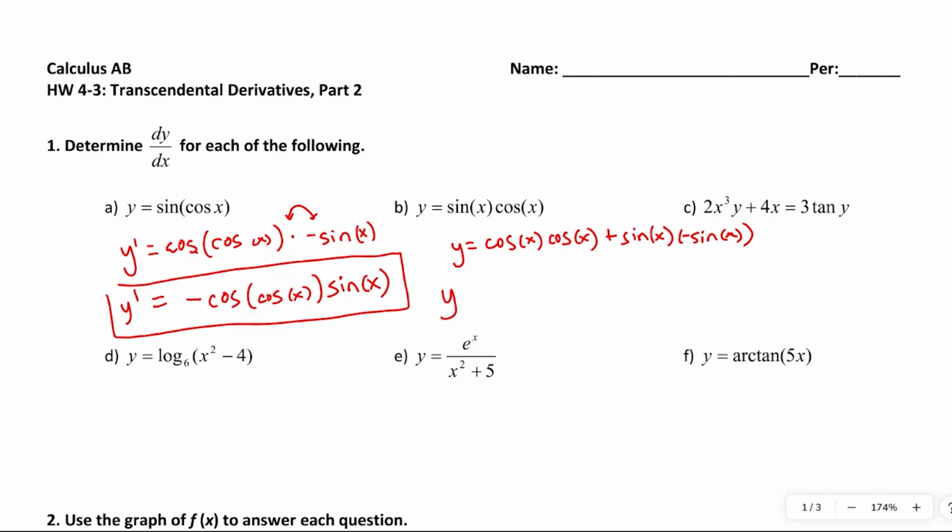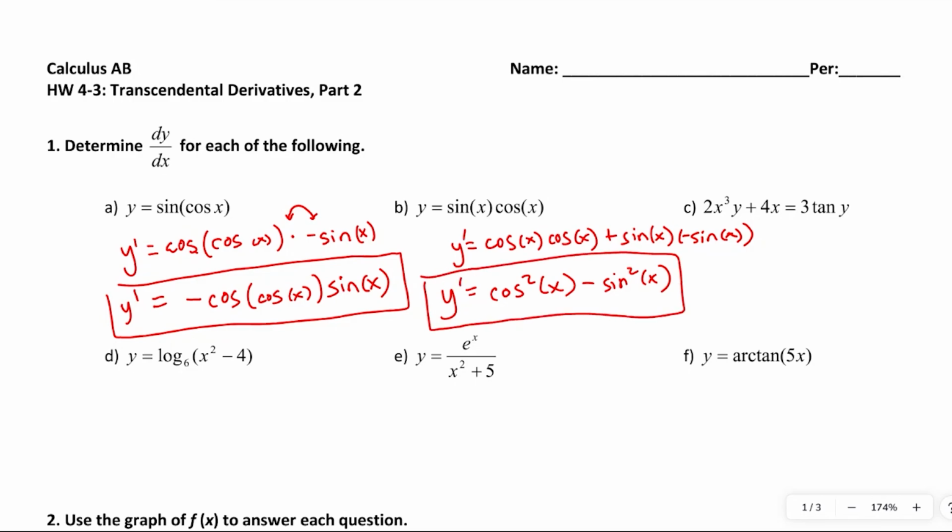And on the free response, as we know, we don't really need to simplify, but I want to look for opportunities to simplify so that when you do have to do that for the multiple choice items, you'll be in good shape. So here we've got cosine times cosine, that's cosine squared. And here we have minus sine squared. All right, we could potentially use some Pythagorean identities to simplify this even further, but I'm going to leave it like that.